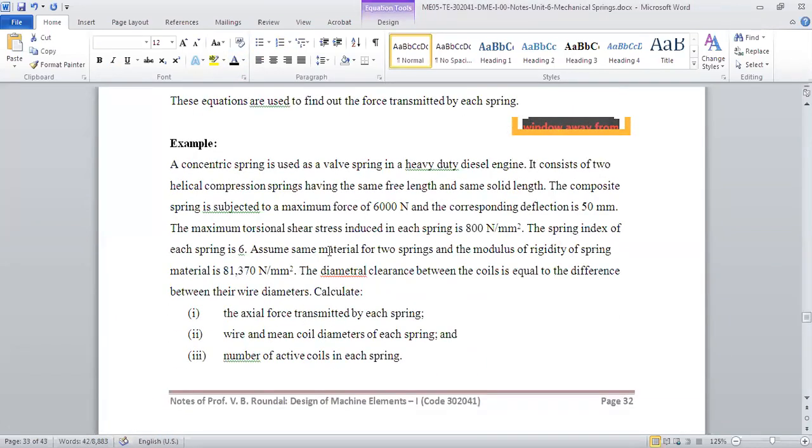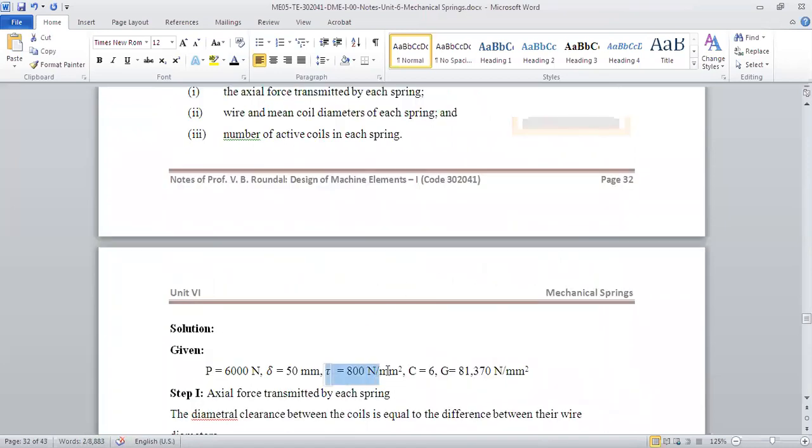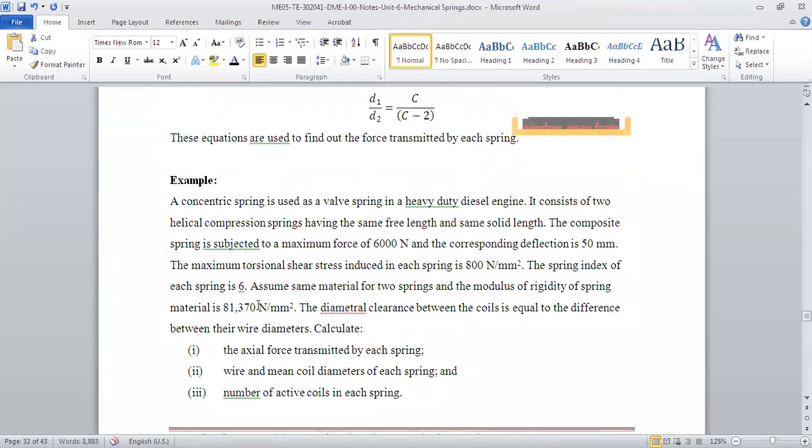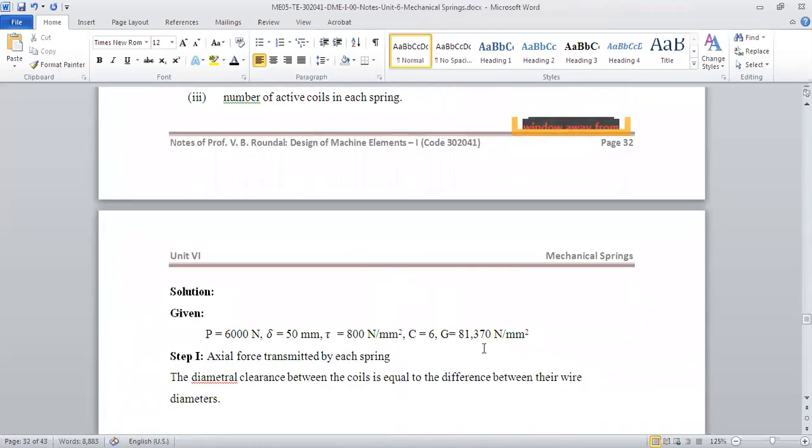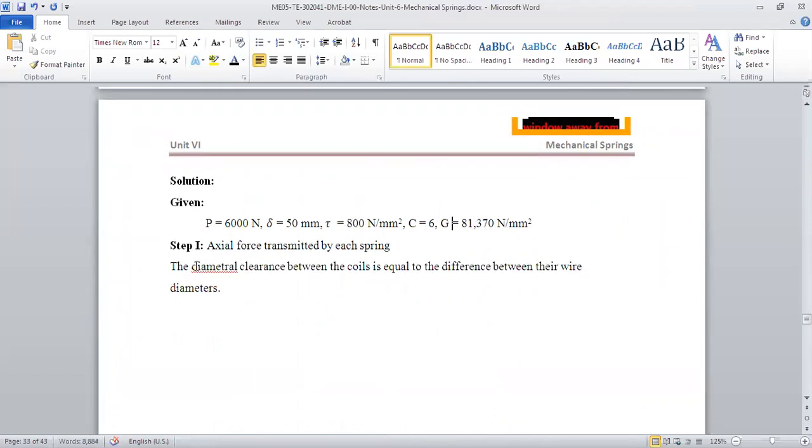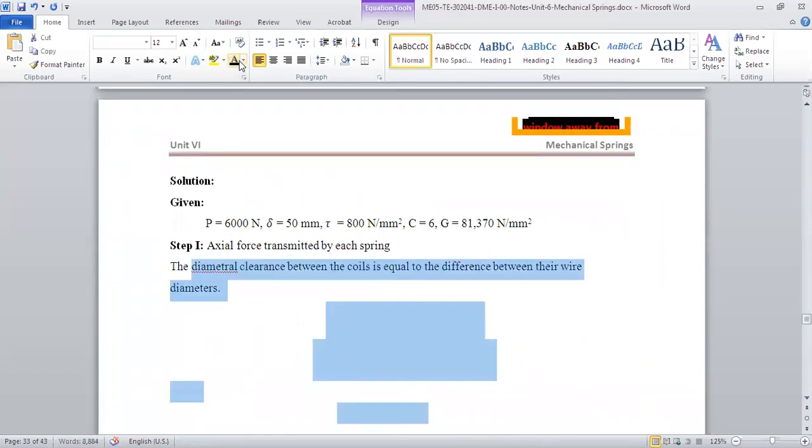The load P is 6,000, the deflection delta is 50, and tau is 800 Newton per mm square. Spring index is given as 6 and G is given as 81,370. So this is the information that is given. Now we'll try to solve. First, the axial force transmitted by each spring, P1 and P2.